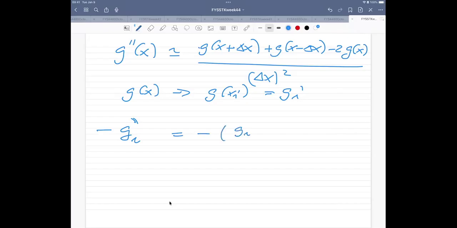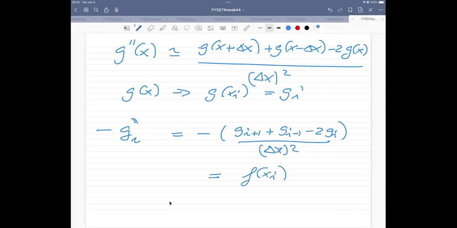So that has a g of i plus 1, plus g of i minus 1, minus 2 g of i, divided by delta x squared. And this has to be equal to f evaluated at x of i, which is the same as f of i. So that's a differential equation. Now, this is a differential equation which you can rewrite as a linear algebra problem.